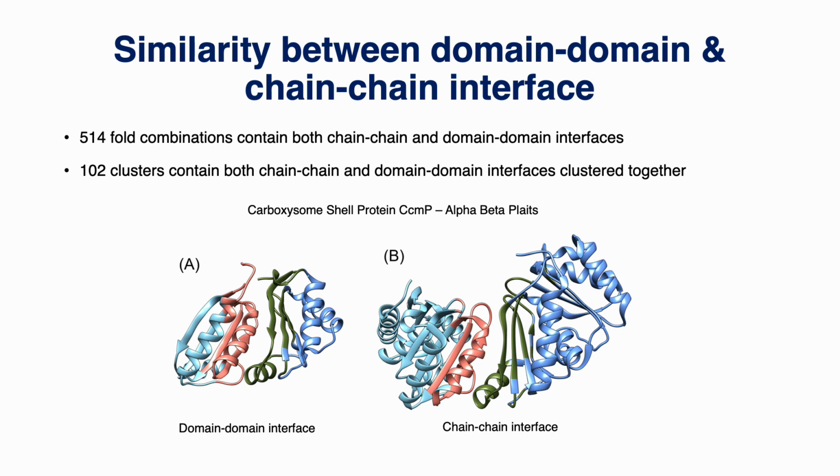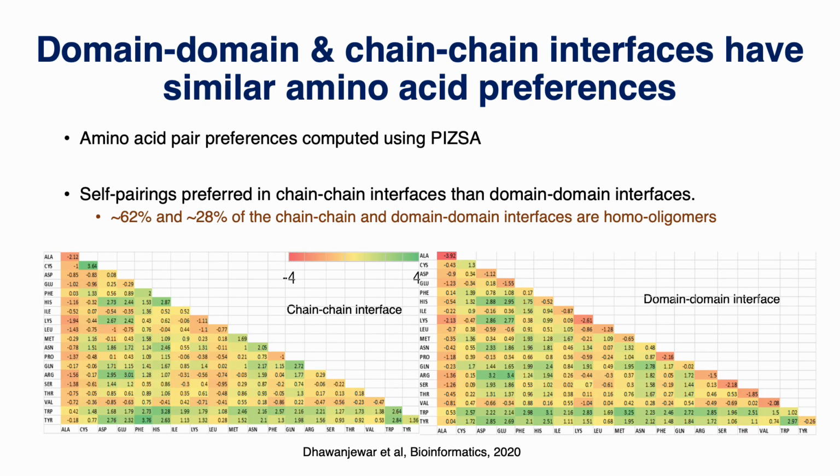What we also wanted to do along with the structural study is to see if the preference of amino acid pairing is similar between a domain and a chain interface, and we see it's indeed true. For that purpose we used this potential, developed in the lab by Abhilesh and Ankit, and we calculated the pairing potential for domain and chain interfaces.